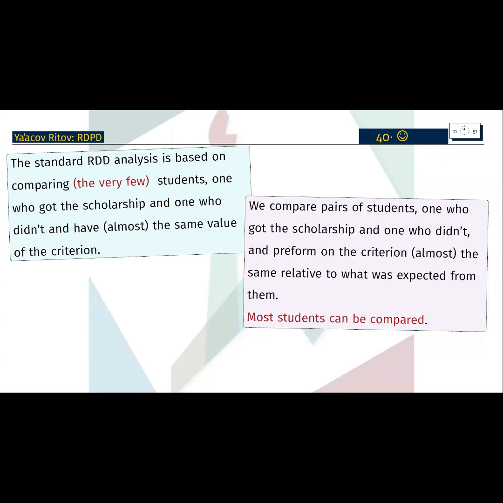I want to compare students who got a scholarship to students who didn't. But now I compare students who did the same relative to what was expected from them.